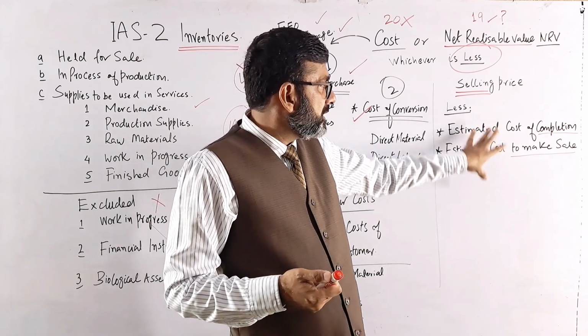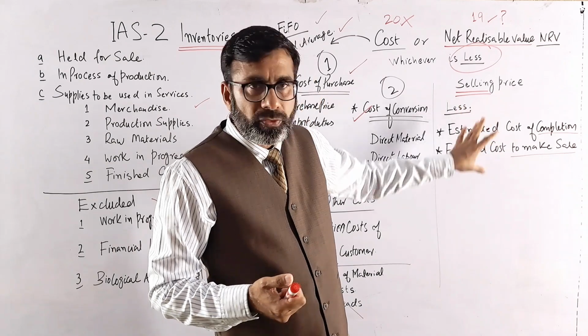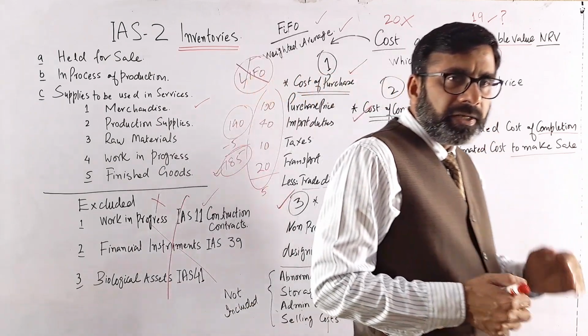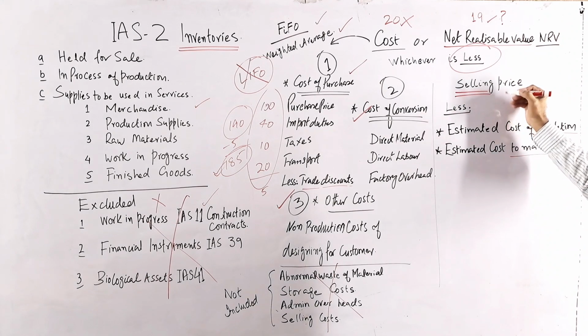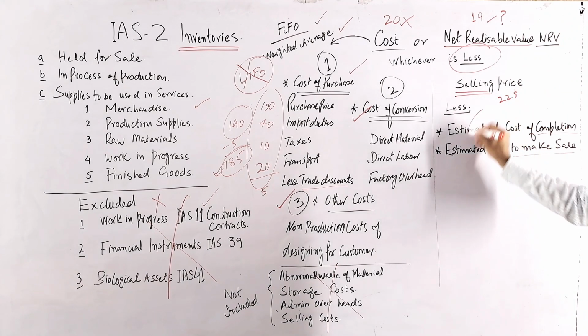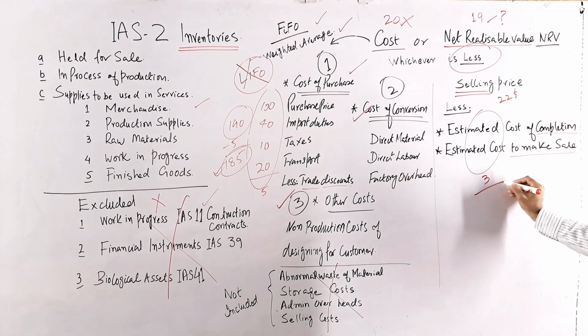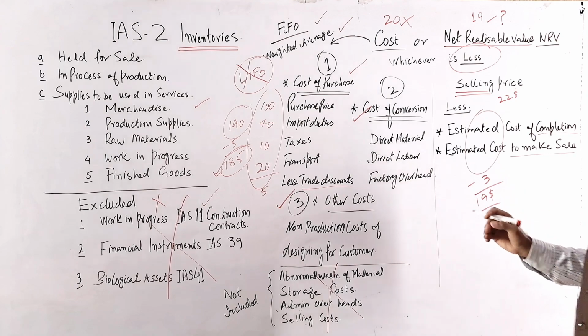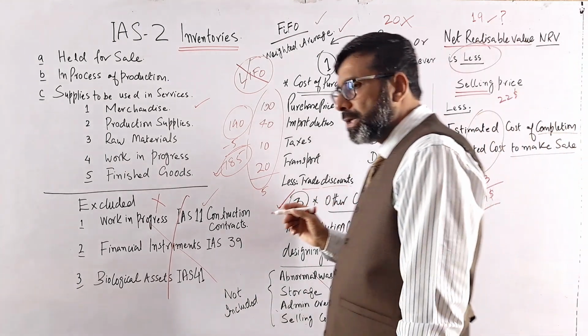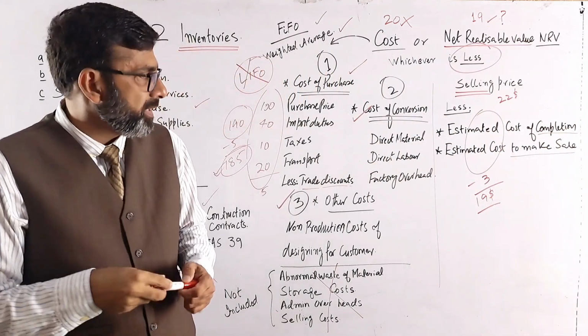So if any cost is there, we have to subtract it. For example, the selling price is, let's say, $22, and all these costs are $3, so 22 minus 3 will be $19. So this $19 is the net realizable value.